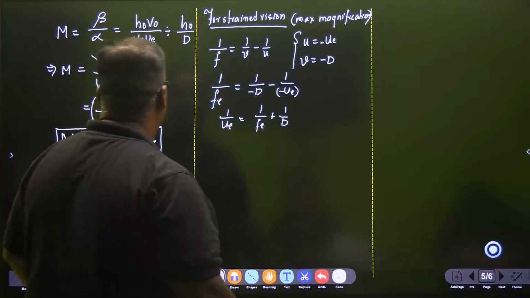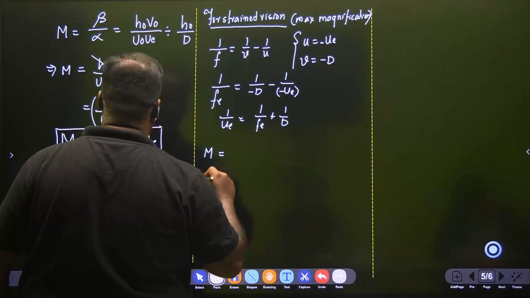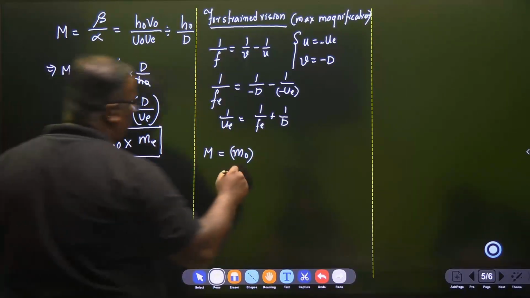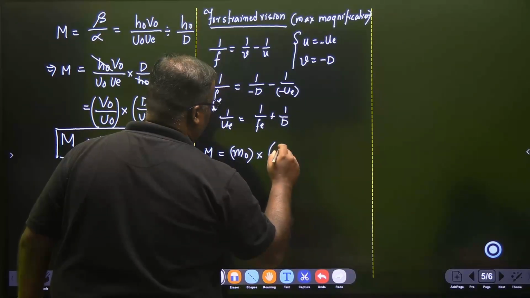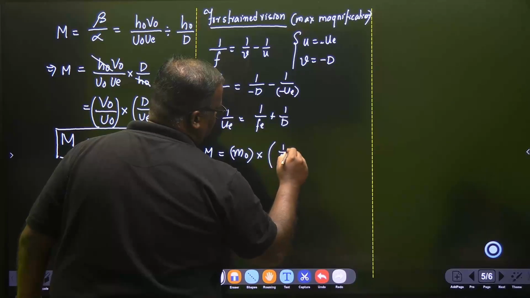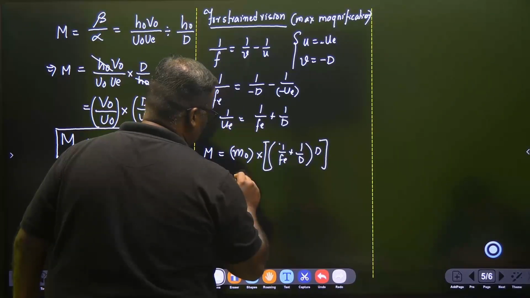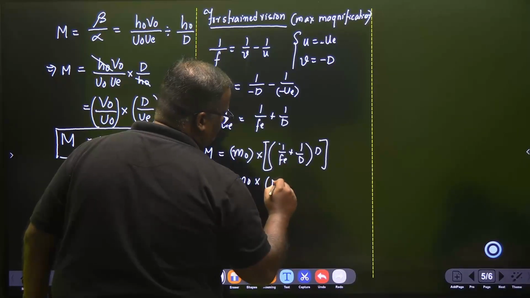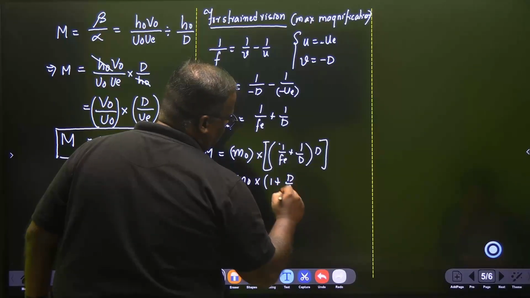So my maximum magnification becomes MO retained as MO, and instead of D by UE, this becomes 1 by FE plus 1 by D into D. So MO into, sorry, it will be 1 plus D by FE.